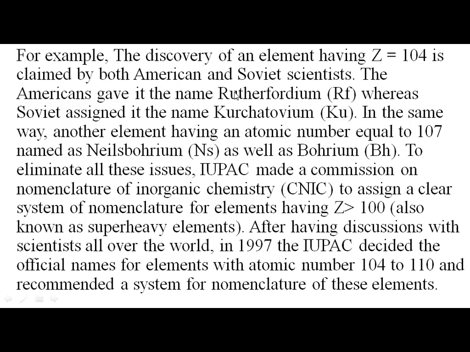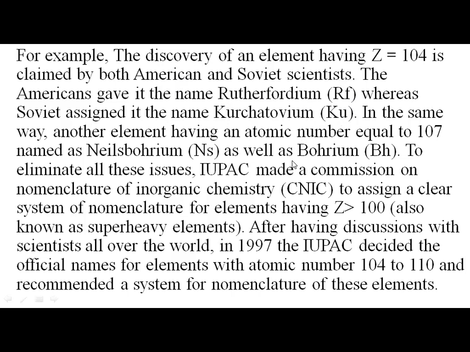I cannot say an element will always be discovered by only one person. Ten of them can discover one element. Americans gave it the name Rutherfordium, atomic number 104, and gave the symbol Rf. Whereas Soviet scientists assigned the name Kurchatovium and gave the symbol Ku. So which one to use?